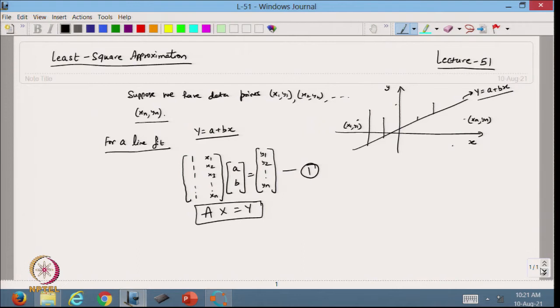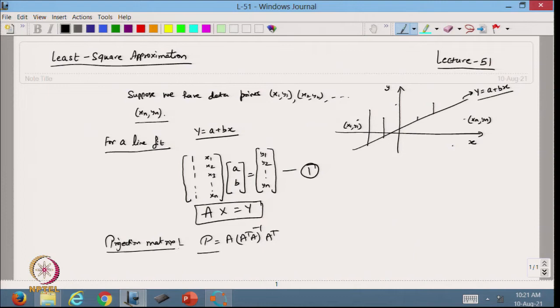Based on this we discussed the projection matrix P, which is A transpose A inverse A transpose.